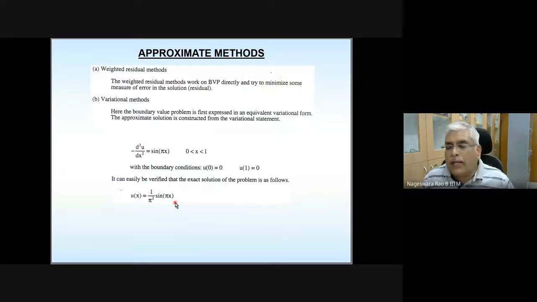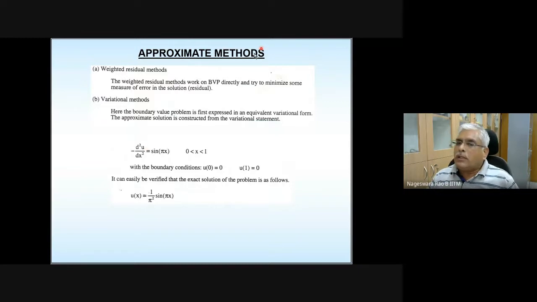You may ask, if I know the exact solution, why do I want to solve it using approximate methods? I want to solve using approximate methods and compare how the solution matches with the exact solution. I'm going to do this exercise with broadly all the weighted residual methods and all the variational methods, and try to pick which is the best one.